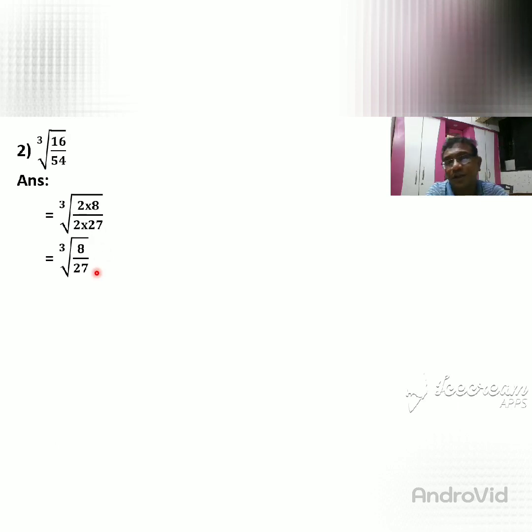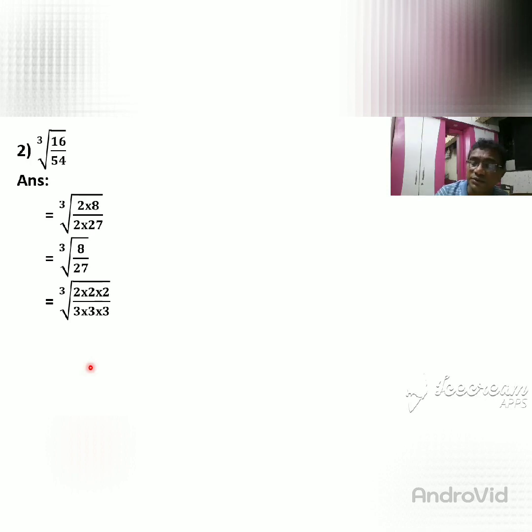The cube root of 27 is 3, meaning 3 multiplied 3 times gives 27. Here 8 is factorized as 2 into 2 into 2, and 27 as 3 into 3 into 3. From 2 into 2 into 2 you take only one 2, and from 3 into 3 into 3 you take only one 3.